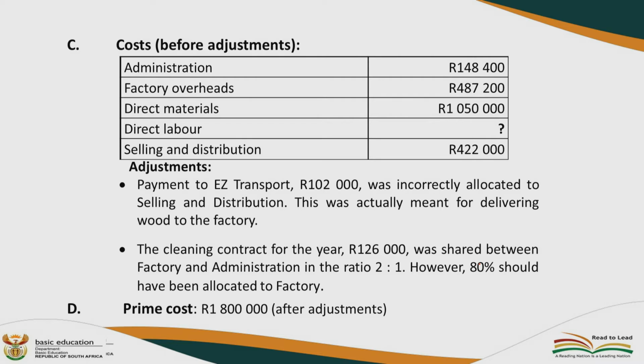Our administration cost is 148,400. You open a bracket and say 148,400. Okay, you have your selling and distribution. Selling and distribution is 422,000.